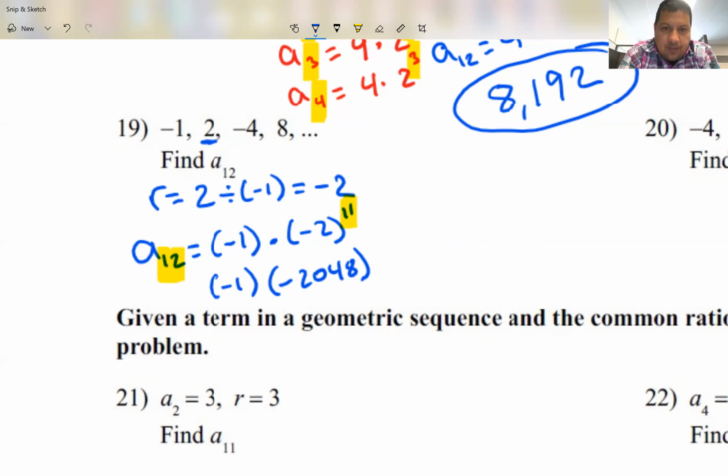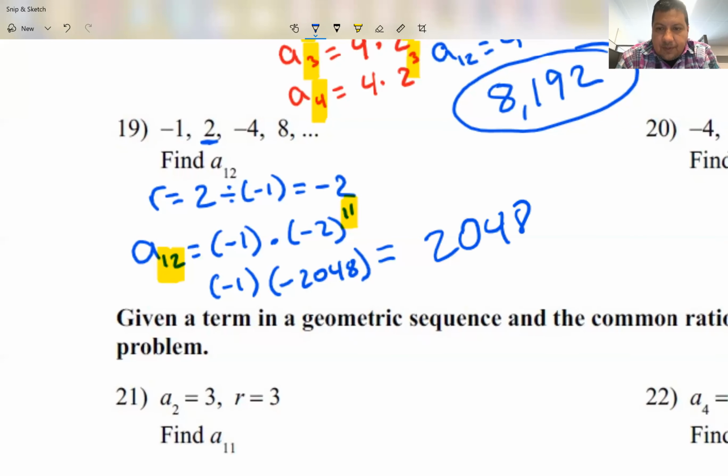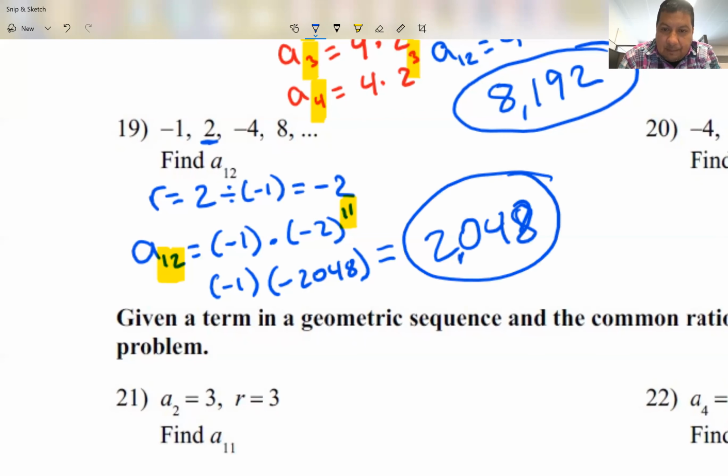I just figured out that it was -2048. Now, when I multiply these numbers, -1 times -2048 gives me positive 2048. To emphasize that the comma that separates the thousands from the hundreds is optional, I'm going to write it this time. I'm going to type it in: 2,048.